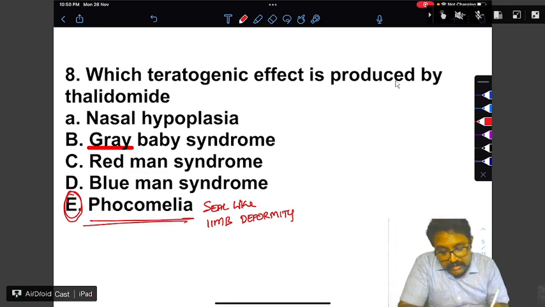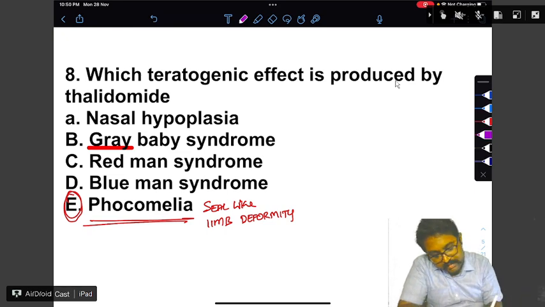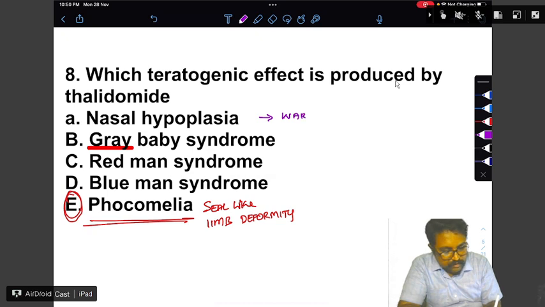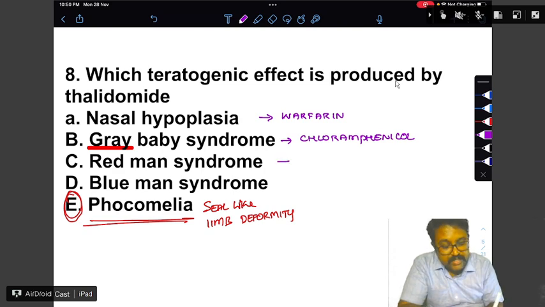So for the other options, let us see what are all the drugs which can cause other teratogenic effects. Please remember nasal hypoplasia is caused by warfarin, whereas gray baby syndrome is caused by chloramphenicol, whereas Redman syndrome is caused by vancomycin.